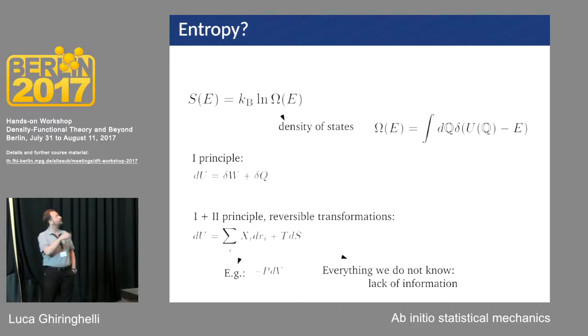If people were smart, they would have said the Boltzmann constant is 1, and you define the entropy as basically the scale in this thing. But for historical reasons, we have a constant here. In any case, it's the logarithm of the density of states. Density of states is the number of states with a certain specific energy, integrated over all the possible configurations of the system that are compatible with this energy.